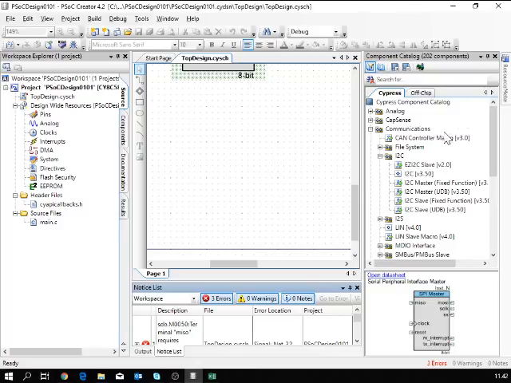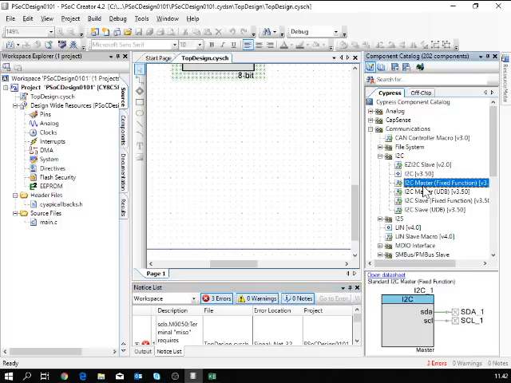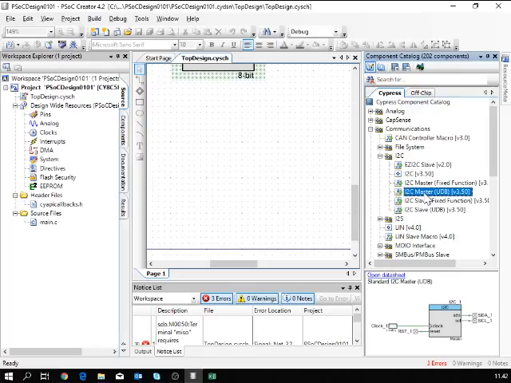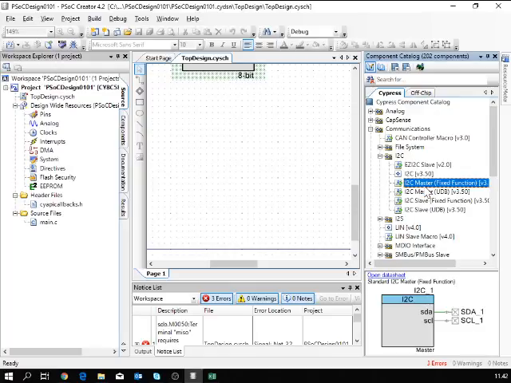So in that sense, it doesn't really matter which one you use, fixed function or UDB. Okay, it seems that the biggest difference is that in this one, it seems that you don't have the clock. Oh, yes, you have the clock.